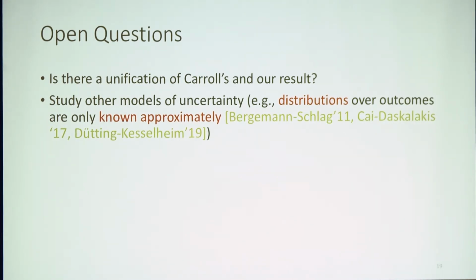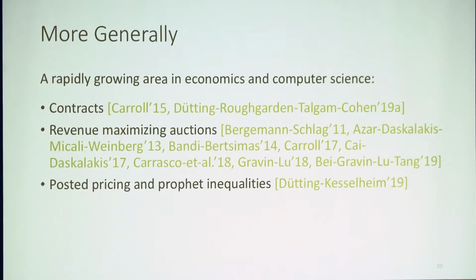So this has been done in auction design and in pricing before. And more generally, I think that this whole area of maximum robustness is something where there's some interesting work going on, both in economics and in computer science. So we saw examples of contract design, in particular Carroll's paper and our upcoming EC paper.